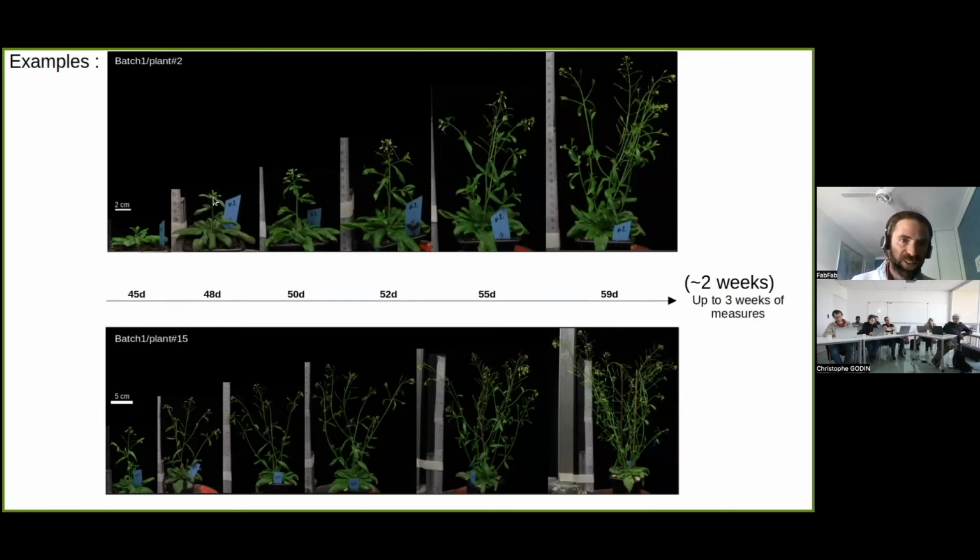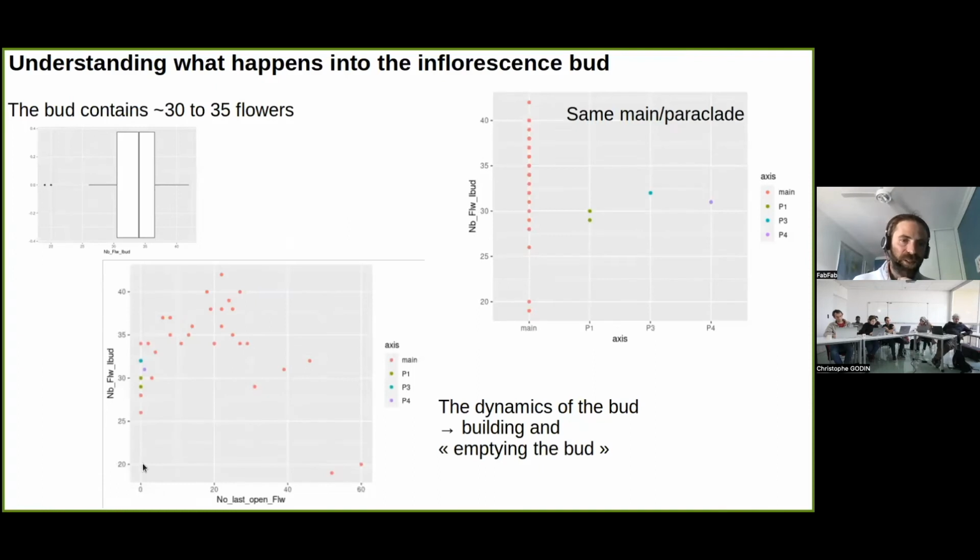And at the opposite side here, for example, just when the plant has no flowers that have been produced, or no flowers that are open, I stopped some plants at a very early stage, just before bolting or at bolting, and I dissected the meristem to get the number of buds here, and you can see a building phase where you progressively reach 30 or 35.